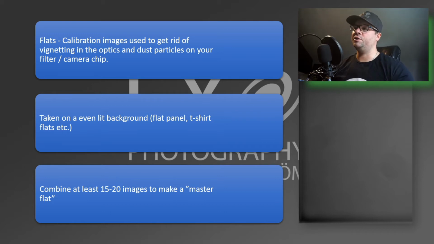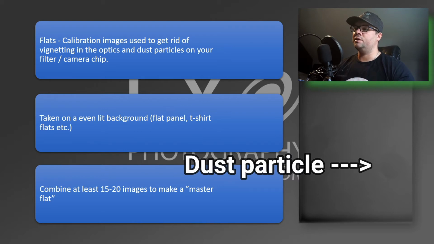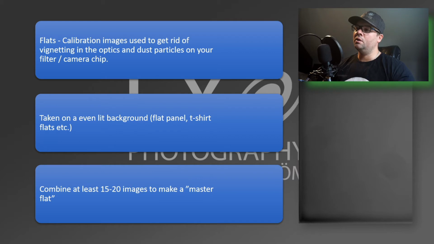You can see here on the image I have a small dust bunny or dust particle, and also you can see something, I don't know if it's the edge of the camera chip or something, but this is pronounced or enhanced during the calibration images to create a master flat, and it gets quite highlighted. So there is something there, and the process is taking care of getting rid of all these artifacts in the real image.